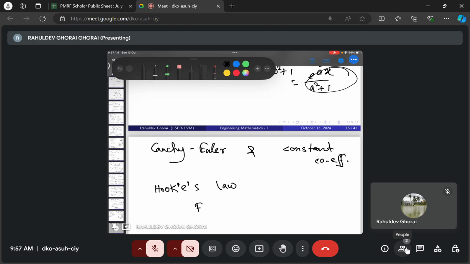The spring force F will be equal to K times D. D is the displacement of the spring from its natural length. And K greater than 0 is the spring constant.